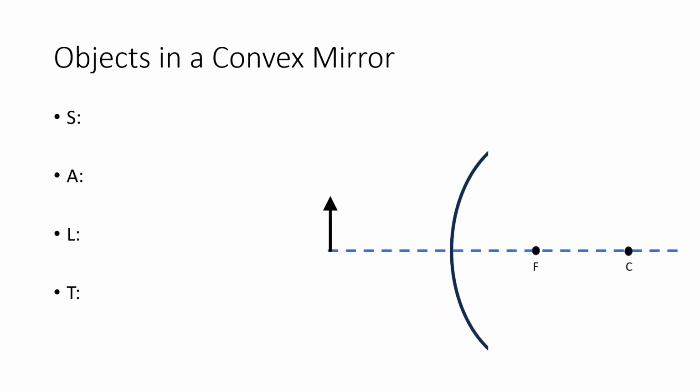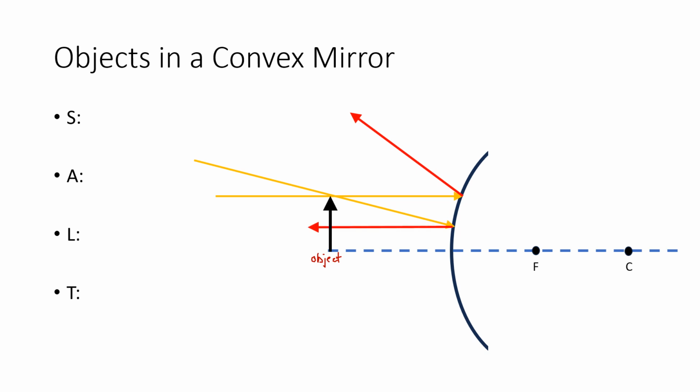So here we go. We've got our object again, and we want to find out where the image is going to show up. So first off, parallel ray, bounce it back as if it came from the focal point. Second off, we're going to do one that is straight at the focal point, and it bounces off parallel to the principal axis. So both of those obviously diverging. We're going to have to go backwards behind the mirror to see where they converge. So there's the one through the focal point.